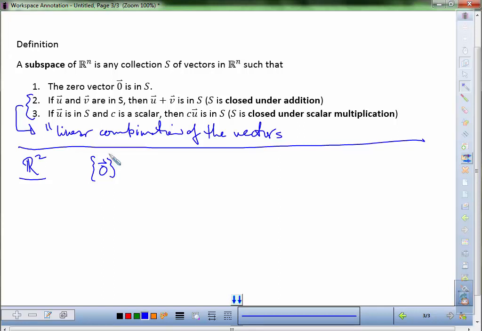Let's say we have the zero vector, then this is a subspace of R2. It's a boring subspace, but it still satisfies these conditions. First, 0 is in there. In R2, it would be (0, 0).